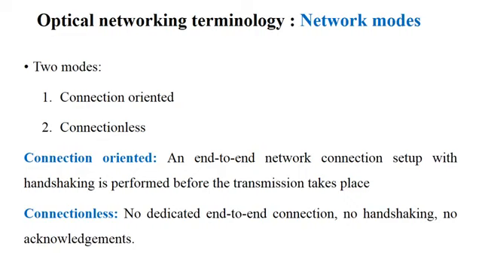In case of connection oriented service, a dedicated path is established from source to the destination. It is going to involve 3 different steps. In the first step, the path from source to the destination is identified and the handshaking signal is done between source and the destination.